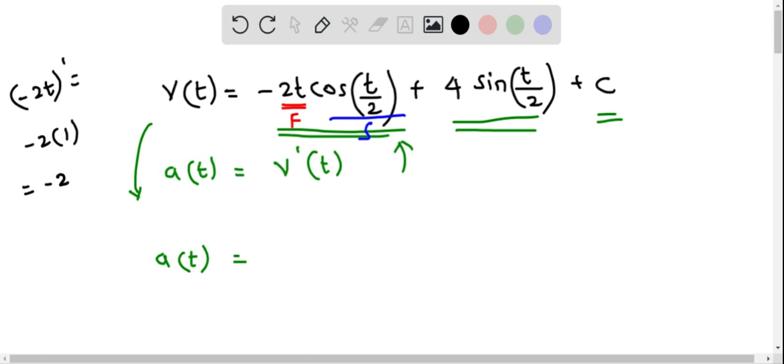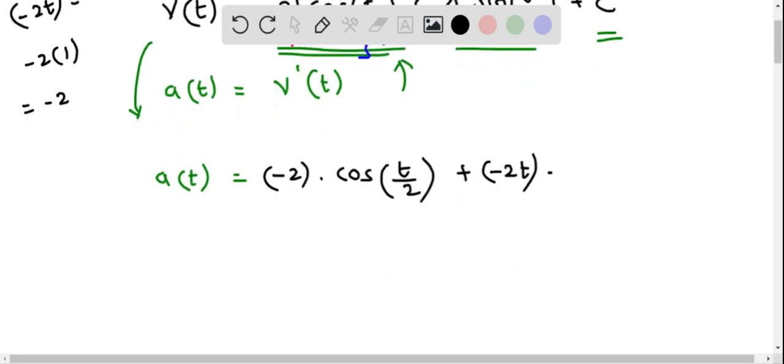So this is basically equal to negative 2. I put this negative 2 and then multiply with the second function as it is, that is cos of t by 2. We then put plus, and now we keep the first function as it is, that is negative 2t, and multiply with the derivative of cos of t by 2.